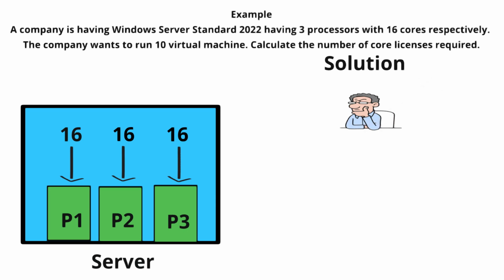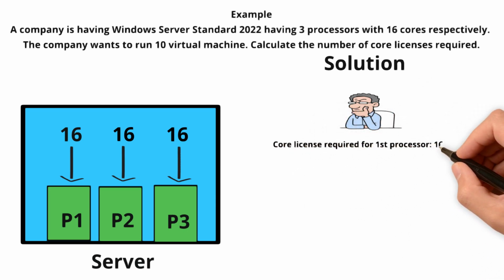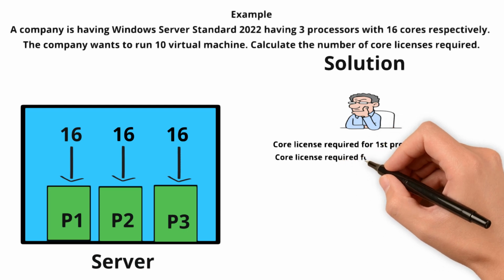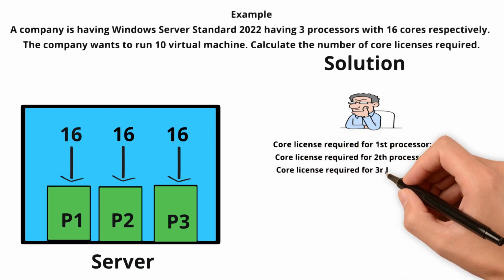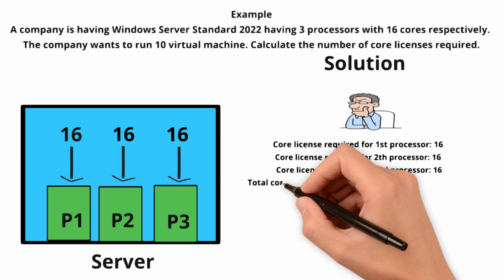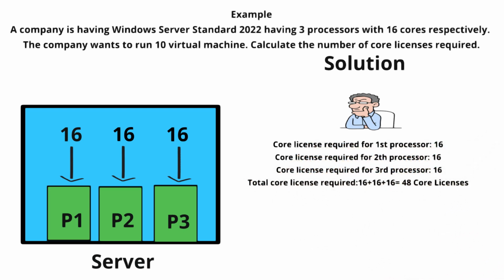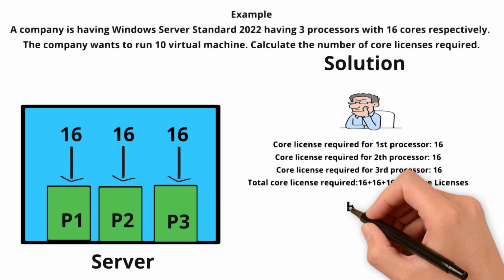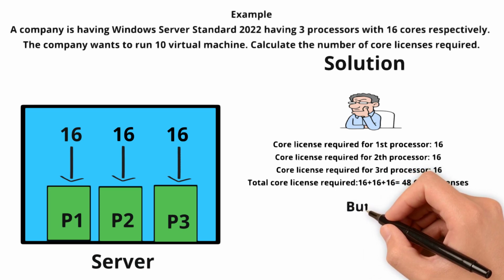Now, as discussed, P1 will require 16 core licenses, P2 will require 16 core licenses, and P3 will also require 16 core licenses. In total, we will require 48 core licenses to license the server. But these core licenses will give us the right to run only two virtual machines.